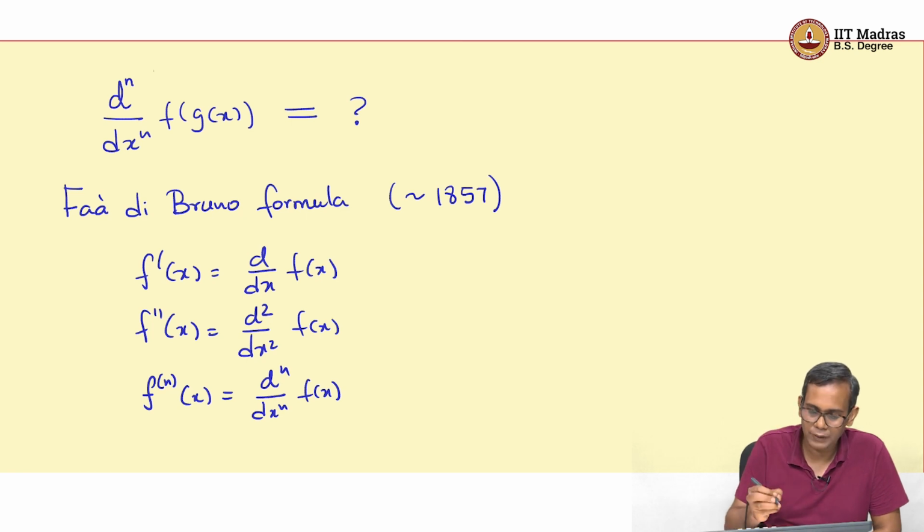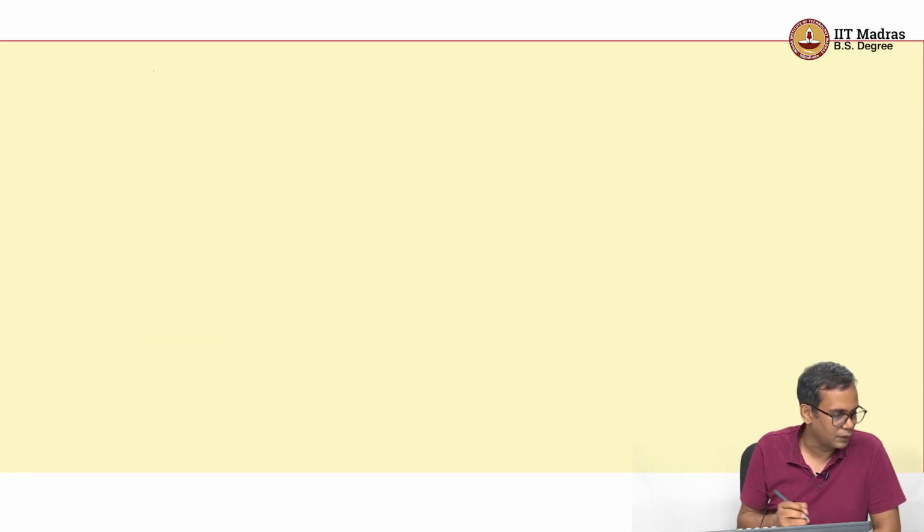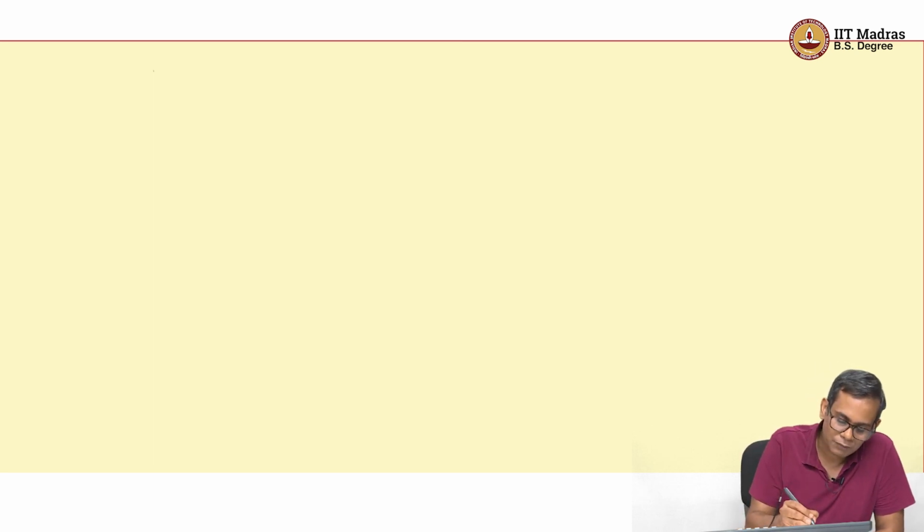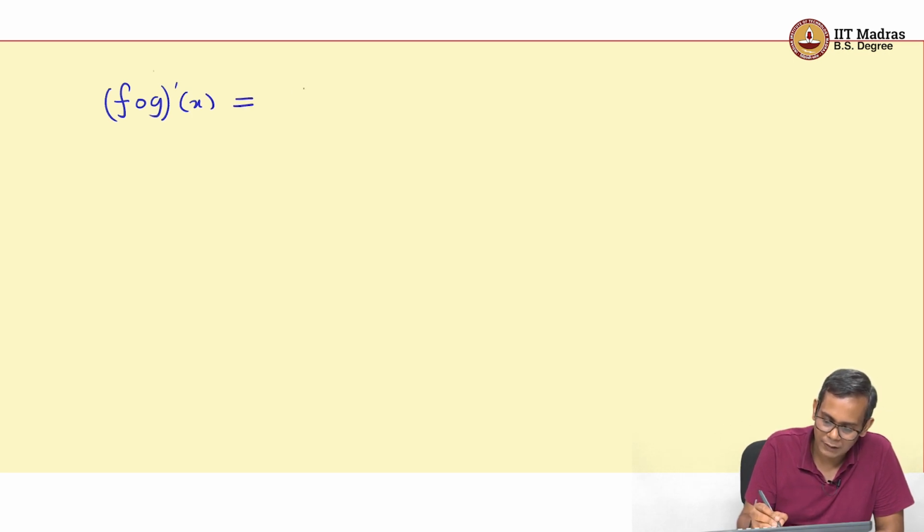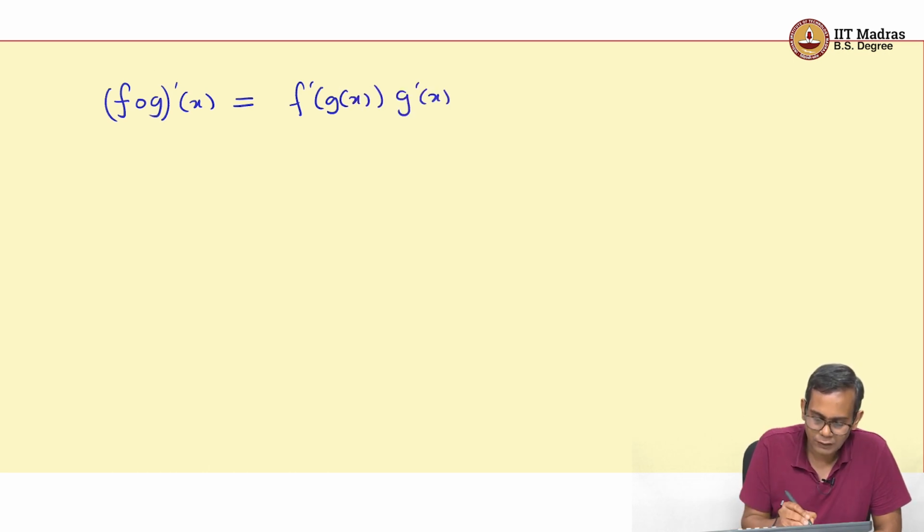Now, before we go to the general statement of Faà di Bruno's formula, let us try some experiments ourselves. What happens if I take (f circle g) prime of x? Well, this is the first case. This is just given by the chain rule: f prime of g of x times g prime of x. Let us try the second derivative, (f circle g) double prime of x.